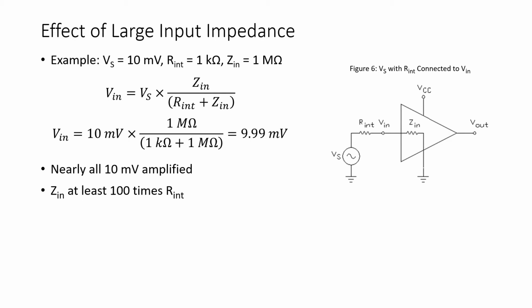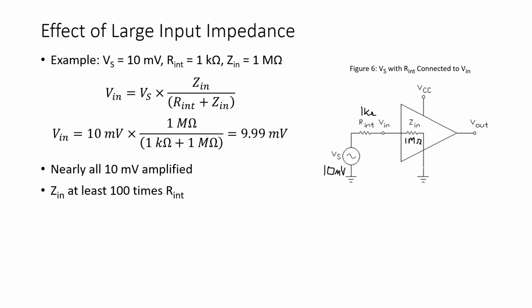For this example, we again have a source voltage of 10 millivolts and an internal resistance of 1 kiloohm, but in this case, the input impedance of the amplifier is 1 megohm. Using the voltage divider equation again, we yield an input voltage to the amplifier of 9.99 millivolts.